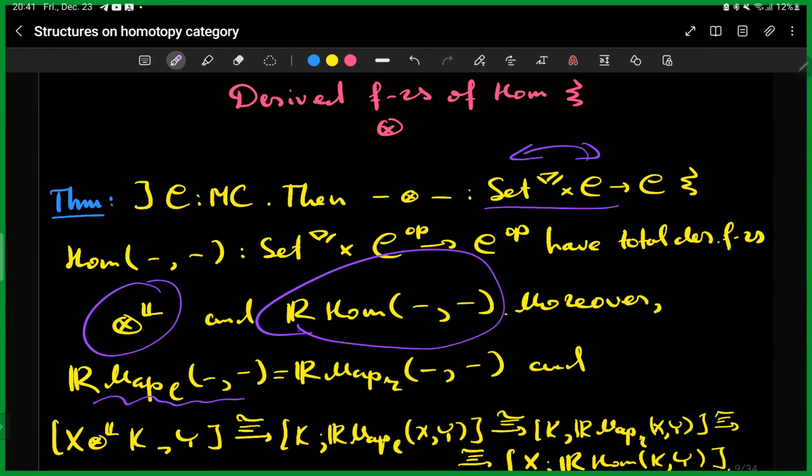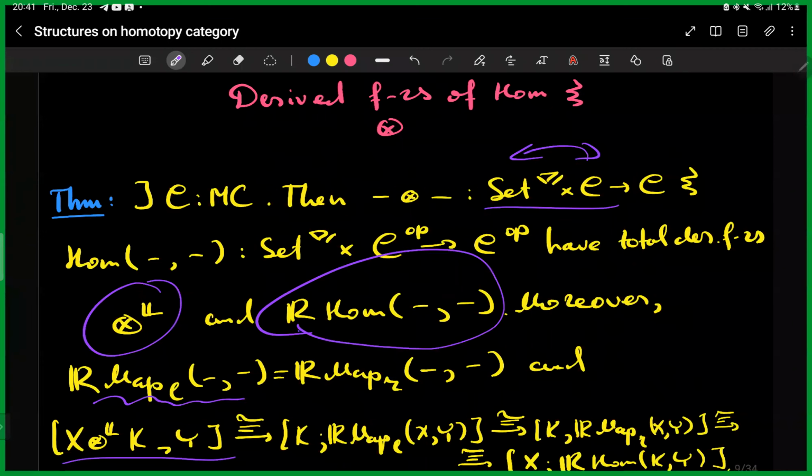They're also deformable, and if we take their total right derived functors, they coincide. And so we have this chain of isomorphisms between various objects defined using these functors.